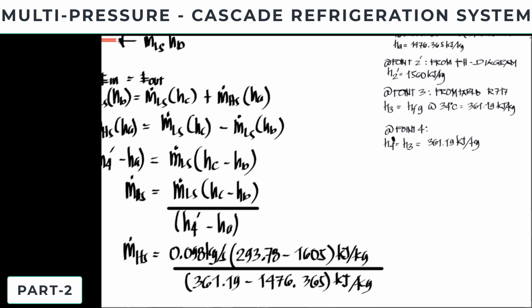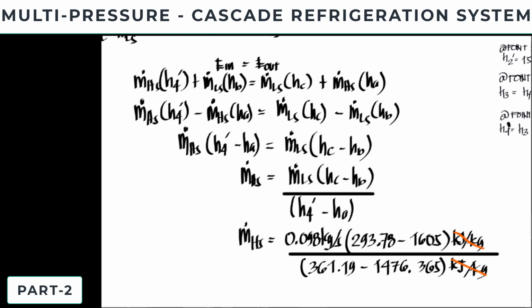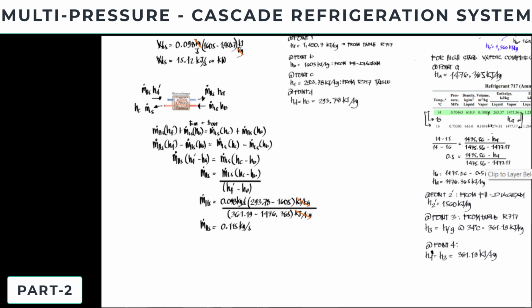Now let's cancel, no? So yung units dito, we have this one is common and this one is common, no? So finally, using your calculator, let's find out what is the value of the mass flow rate at the high stage. That will be equal to 0.115. This is kilogram per second. So, meron na tayong mass flow rate na high stage.